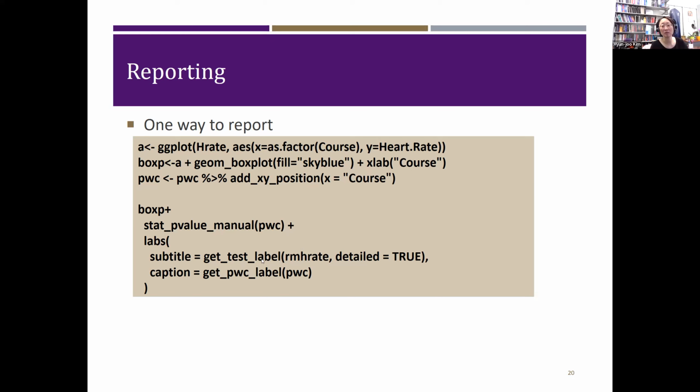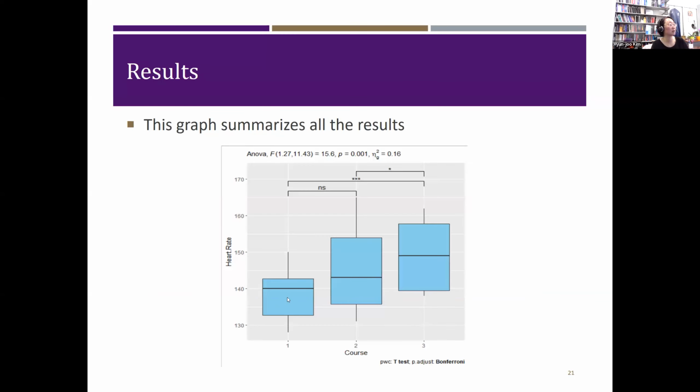That information will go as a subtitle, and in the caption function, we're going to add the post-hoc test labels. So again, the sneak preview. By subtitle, some of the results of the repeated ANOVA will be on the top. And then we are adding the caption at the bottom, the label of our pairwise comparison test.